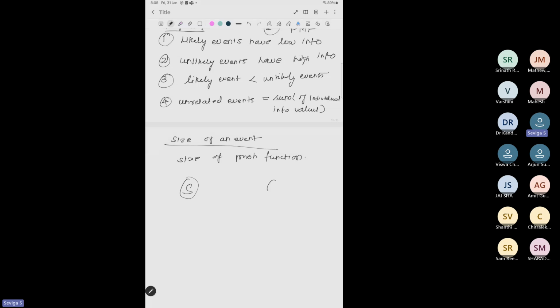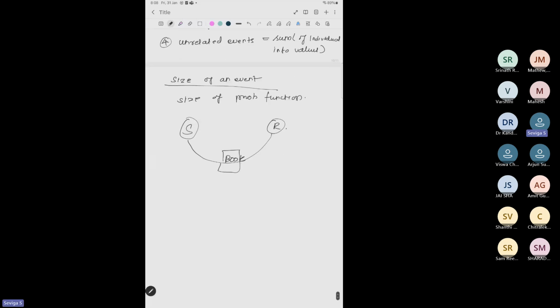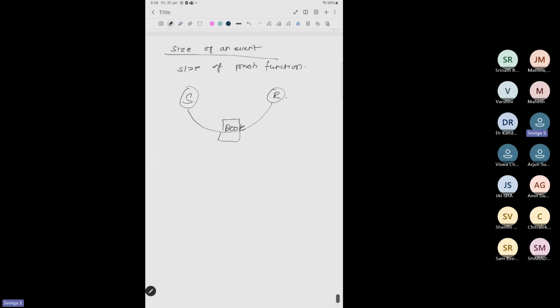You have a sender and you have a receiver. You have to send a book to the receiver. So how are you going to send this book? For every unique word in this book, you assign a value. I can assign 0 for the, 1 for and, and like that you create a word list. This word list will be shared between sender and receiver.